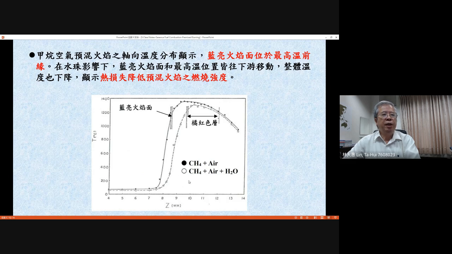Then you will see the flame position moves to the downstream side. What is the meaning of the position moving downstream? When you change your position from the upstream side to the downstream side, the actual velocity of the flow is reduced.